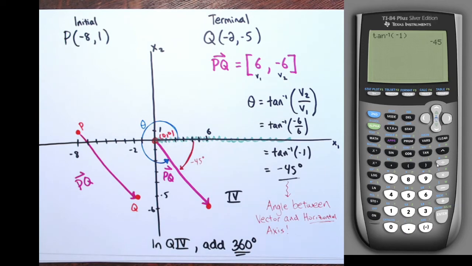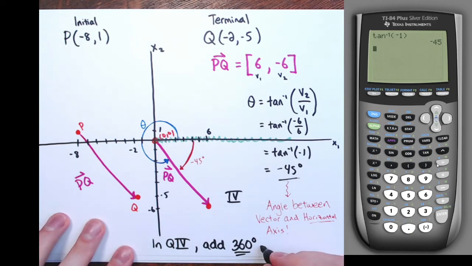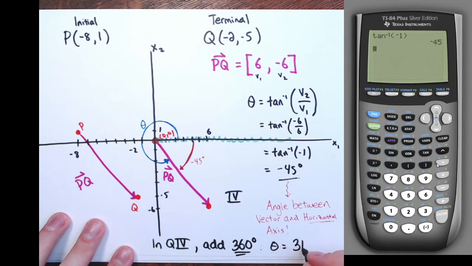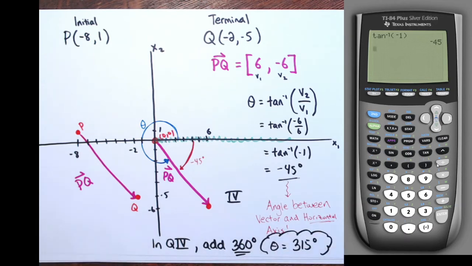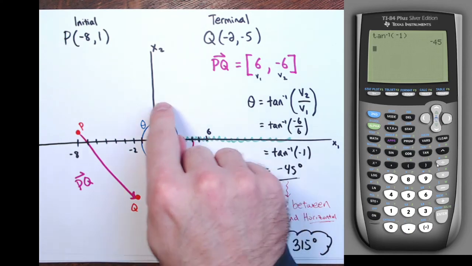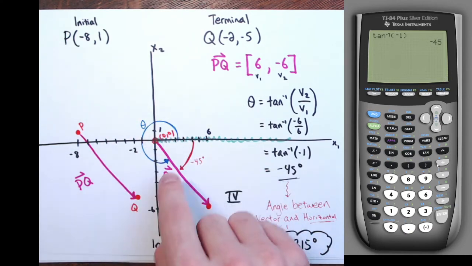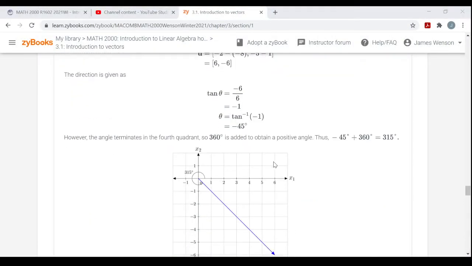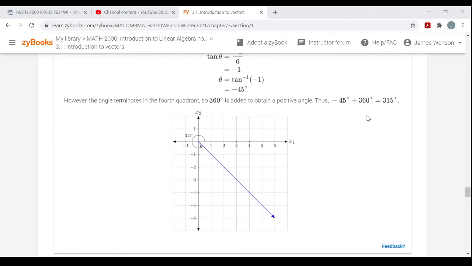So our direction of the vector, theta, is -45 plus 360. If I add 360 to -45, that's positive 315 degrees. We would say that this was the direction of the vector, 315 degrees off the horizontal. And that's exactly what they're going through here in this example. See the 315 they end up with there.